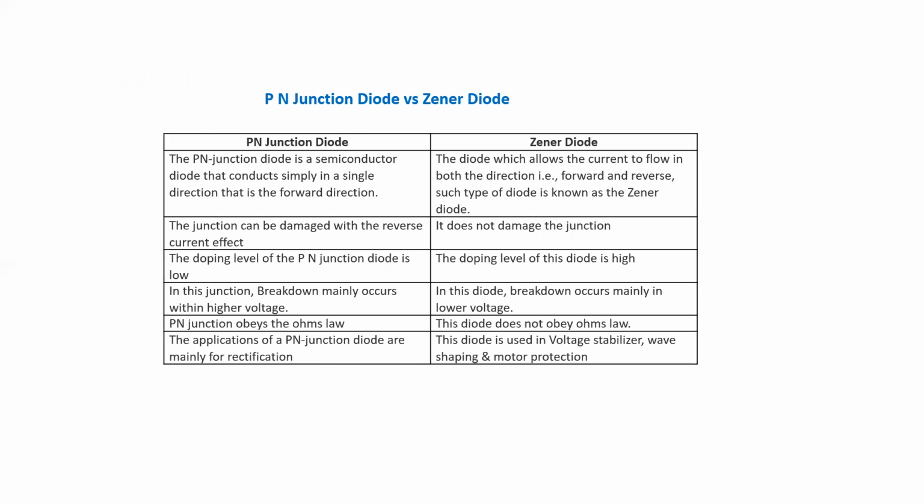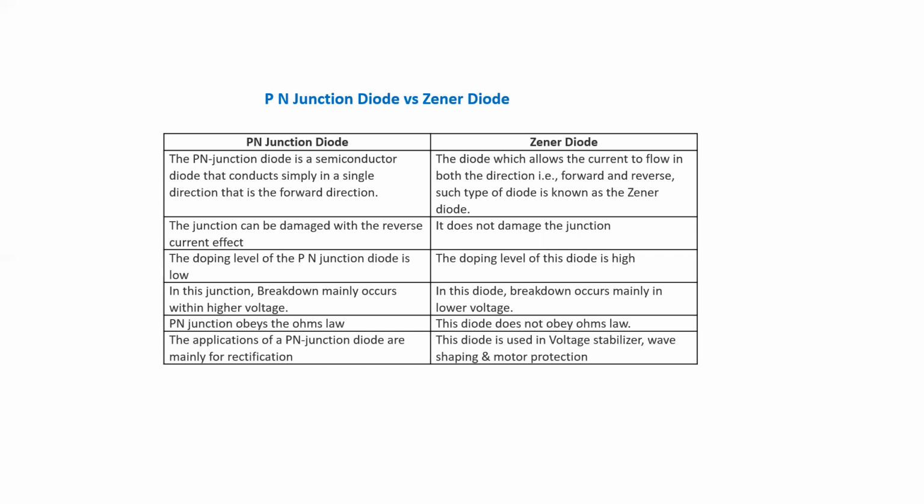Here, the comparison of the PN junction diode, that is the semiconductor diode, and the Zener diode is given. The first point: the PN diode conducts only in the forward bias condition, whereas the Zener diode conducts in forward as well as reverse bias state.